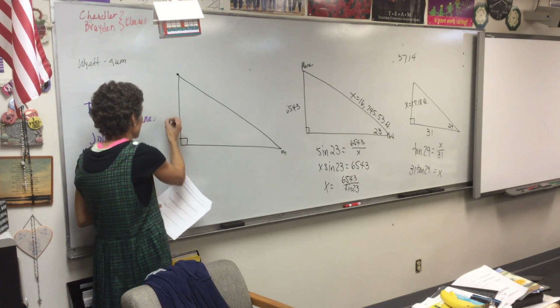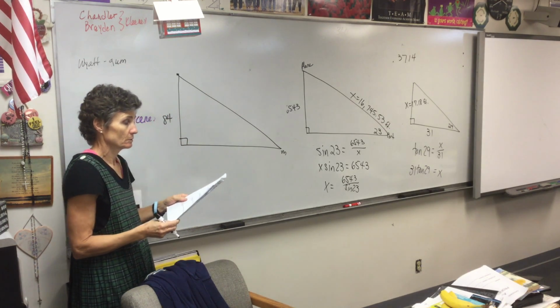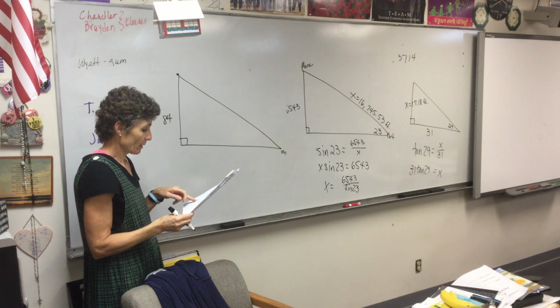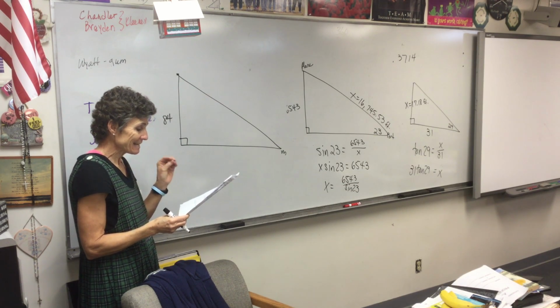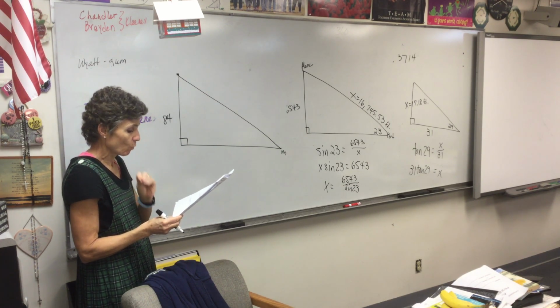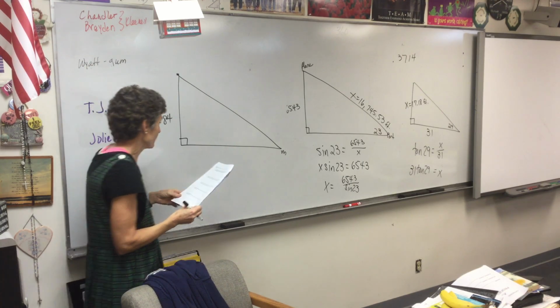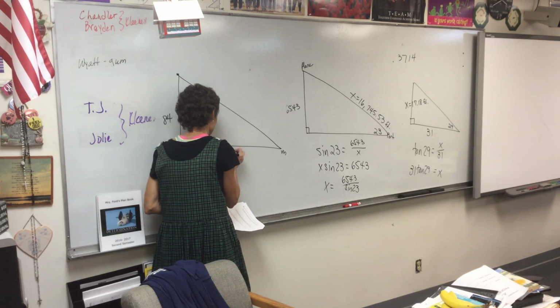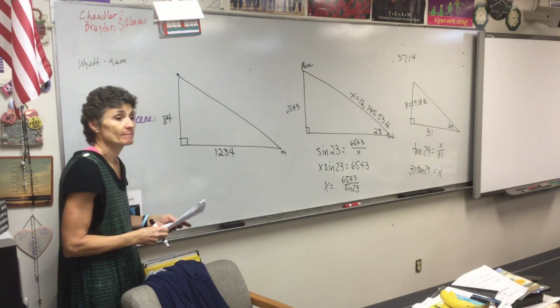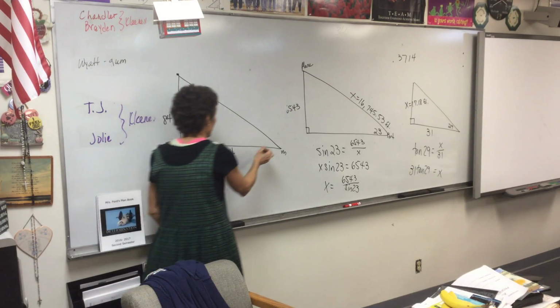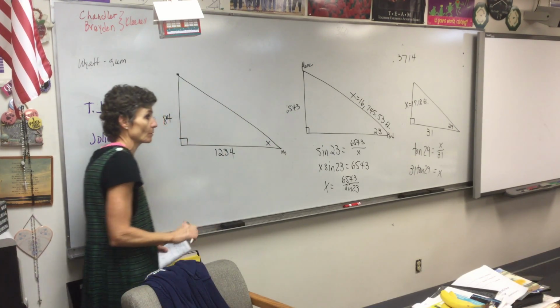The building is 84 feet tall. Where do I put the 1, 2, 3, 4? He is standing 1, 2, 3, 4 from the building. On the bottom. Very good. Where do I put the X? Right here. Right?